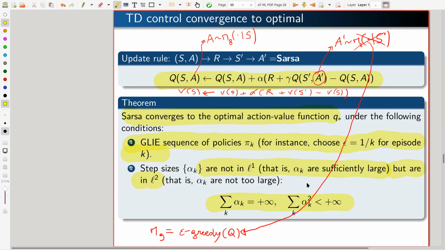If I have done 1 million episodes and my estimate is 42 for the value of the state, and now I take one episode and the outcome is 50, I don't want to change from 42 to 49 because of this 50. This 50 must count 1 over 1 million in some sense. So I'm not changing very much this estimate. Okay, so these conditions are very natural.